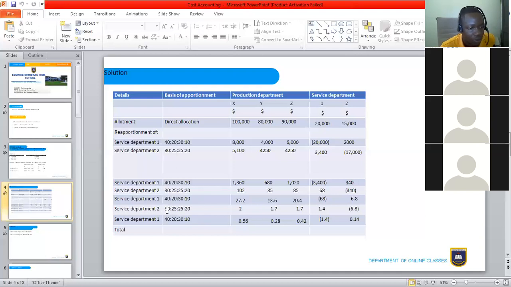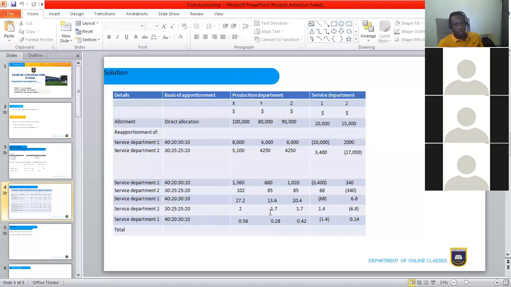So service department 2 will be 30% or 30 over 100 times 6.8. We will get what? $2.